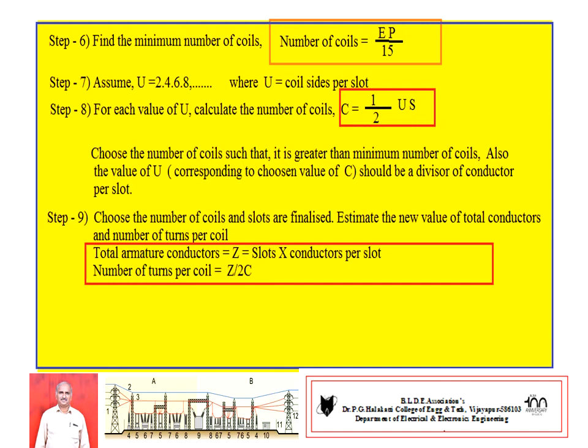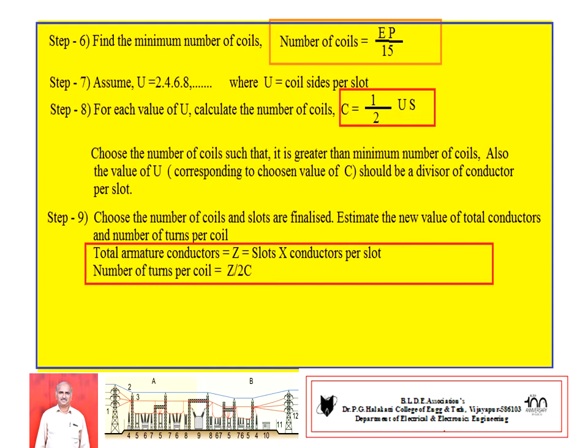Step number 6, find the minimum number of coils. This is given by the expression number of coils equals EP by 15, where E is the induced EMF and P is the number of poles. Step number 7, assume coil sides per slot U equal to 2, 4, 6, 8 and so on.